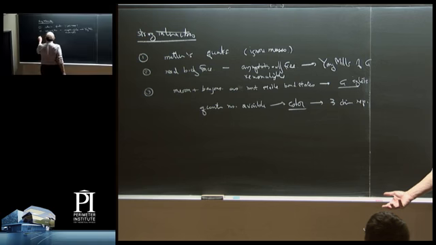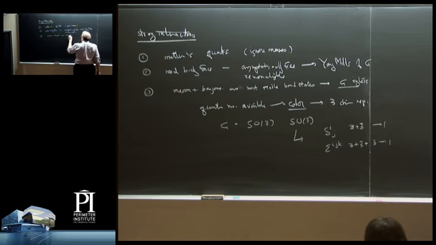And then finally, we need to have the mesons and baryons as at least the most stable bound states of quarks. And so we have to be able to explain that as well.